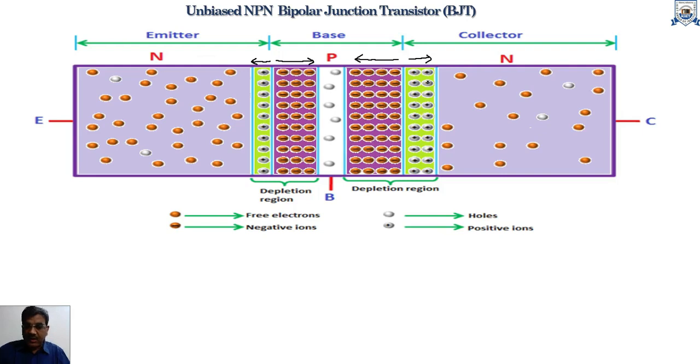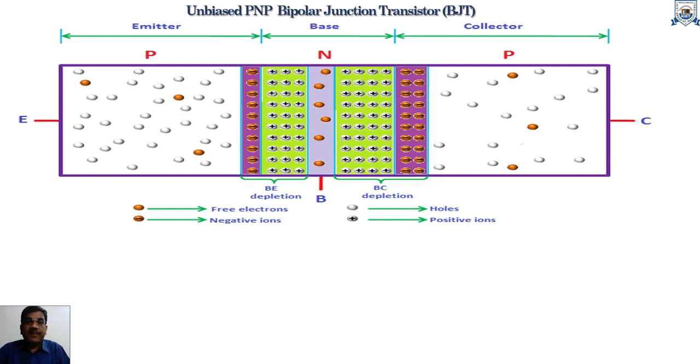In real practice, there is no use of unbiased transistors. The barrier height of the junction is about 0.7 volt for a silicon transistor and about 0.3 volt for a germanium transistor.